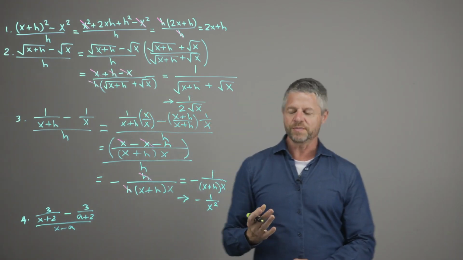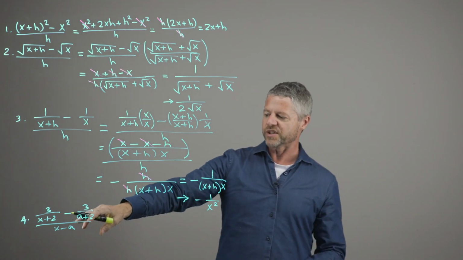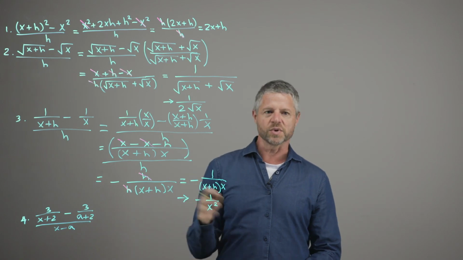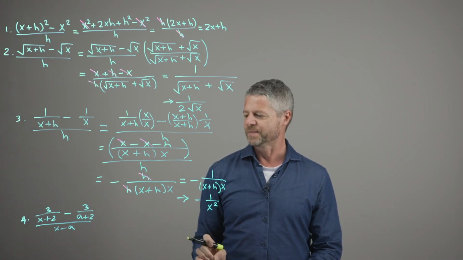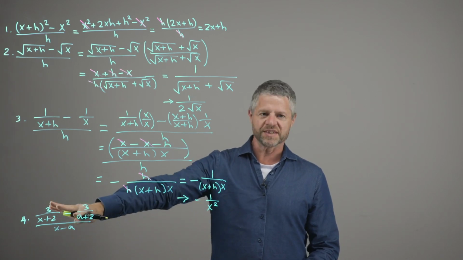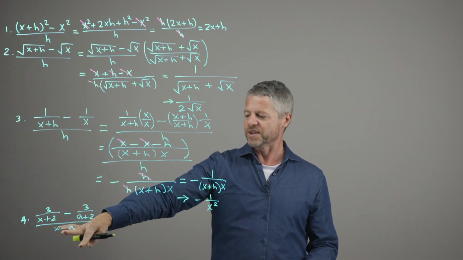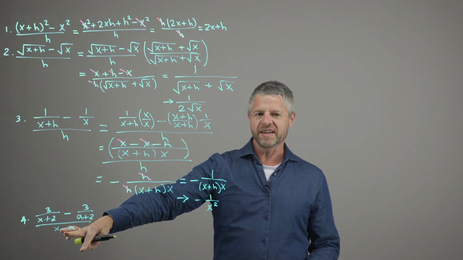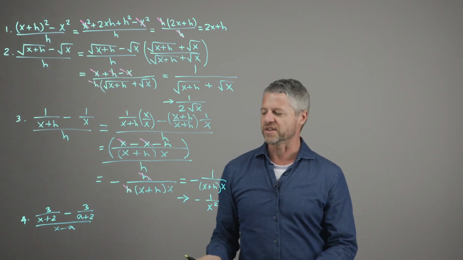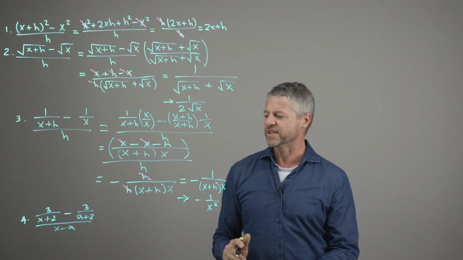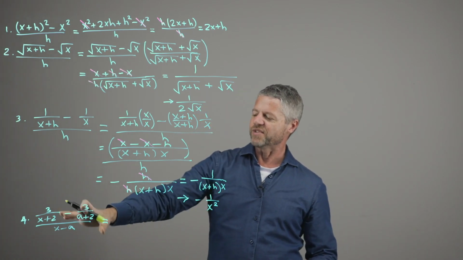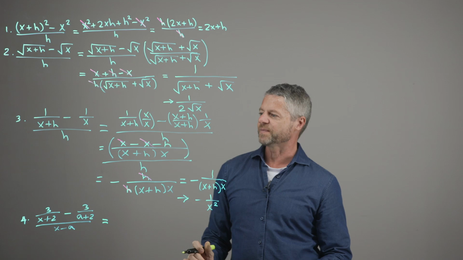And in this example, I want to figure out what happens to this expression as the value of x goes towards the constant a. And unless I do something to this expression, I don't know what happens, because if x goes towards a, the denominator goes towards 0, and again, this thing does not exist for when the denominator is 0. So I need to simplify this before I do that.